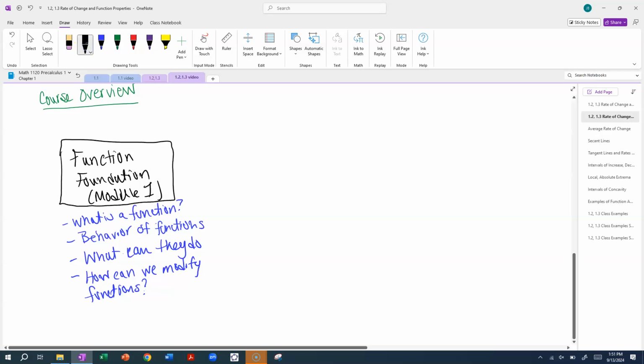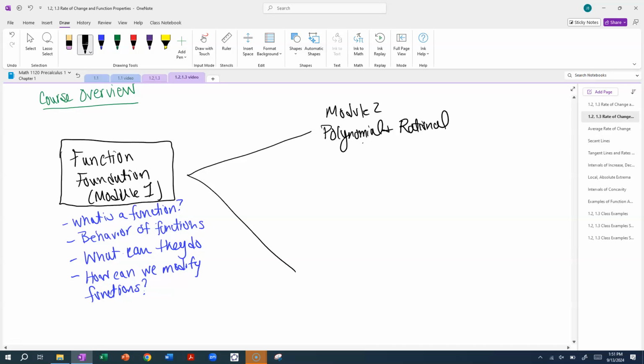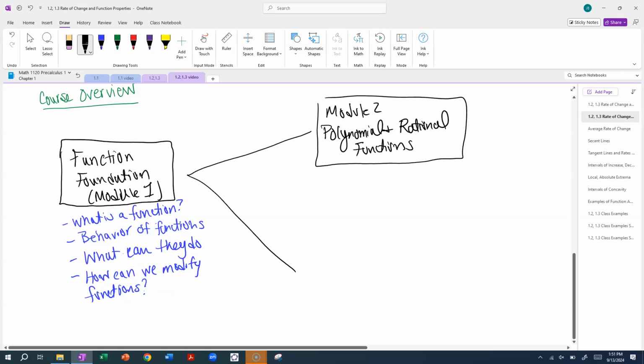We want to make sure we have a solid foundation, because then in our later two modules, we have Module 2, which looks at specific sets of functions. This is polynomials and rational functions. Here we revisit many functions that you might already know.